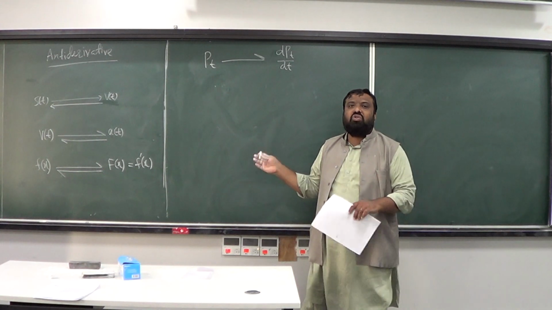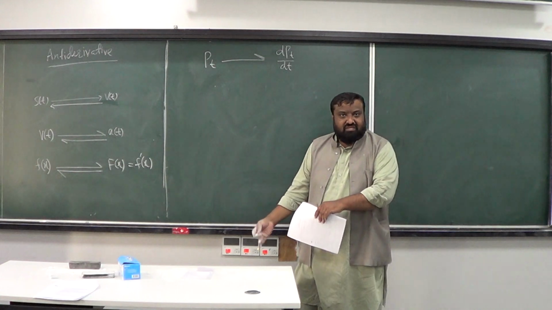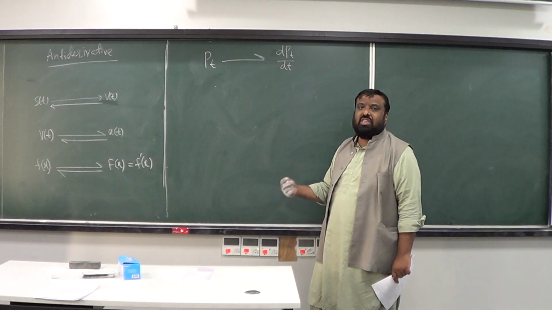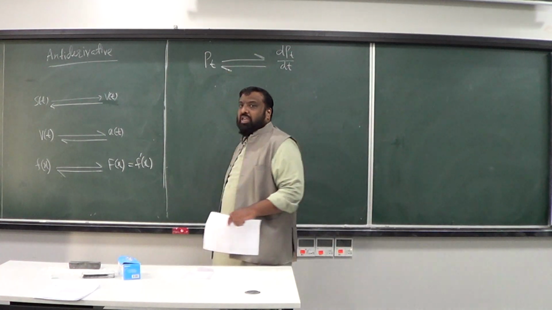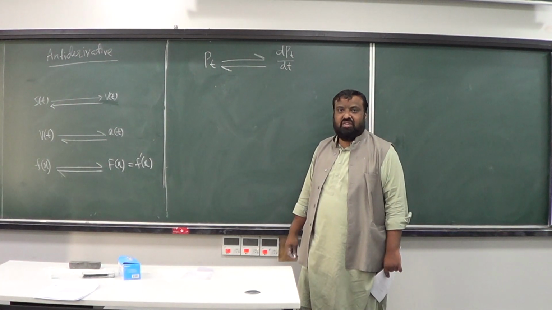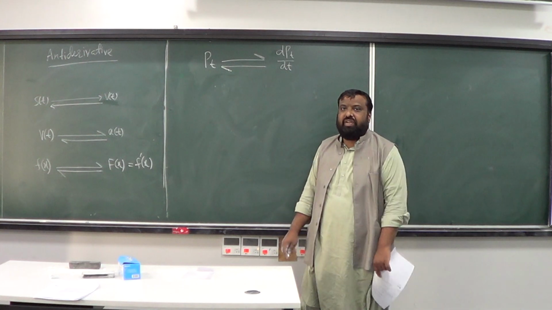But what if I want to go the other way around? In other words, I have been given the rate at which the population is increasing, and I want to make a prediction about the population of the bacteria or the viruses at that time. So we would like to go backward.